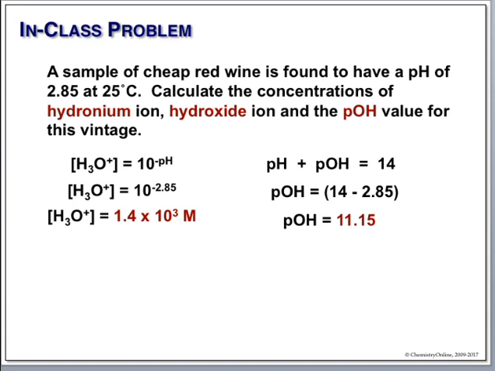And finally, hydroxide ion concentration. We could do this two ways. We could use the pOH, or we could use our 10 to the minus 14. Let's go ahead and just use the pOH. Hydroxide is going to be 10 to the minus pOH. So 10 to the minus 11.15.